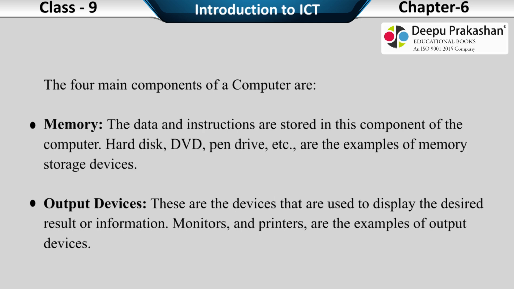The data and instructions are stored in this component of the computer. Hard disk, DVD, pen drive, etc. are the examples of memory storage devices. Output devices. These are the devices that are used to display the desired result or information. Monitors and printers are the examples of output devices.